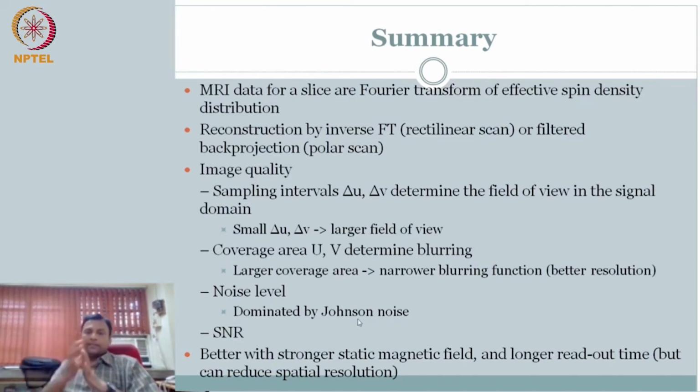Actually, this completes whatever we wanted to talk about at an introductory level for MRI. As you will see, it's a very neat concept and it required understanding of so many different fields. The scope of our AM 5160, if you recall your course objective, is covering multiple modalities.